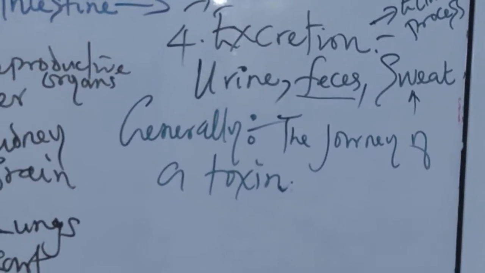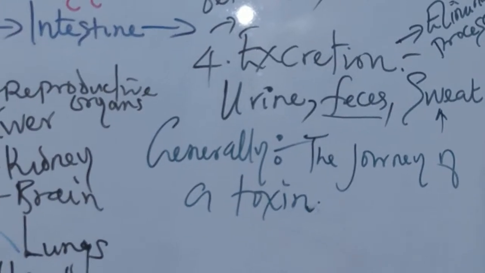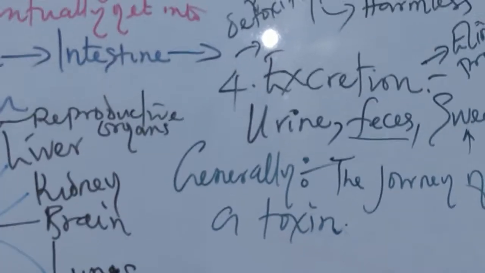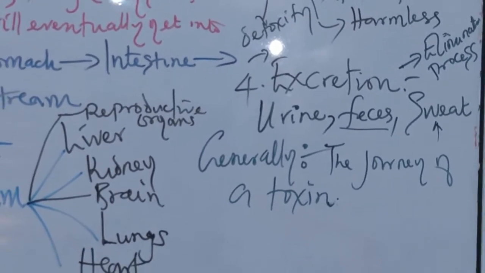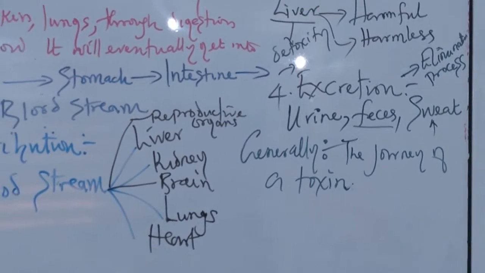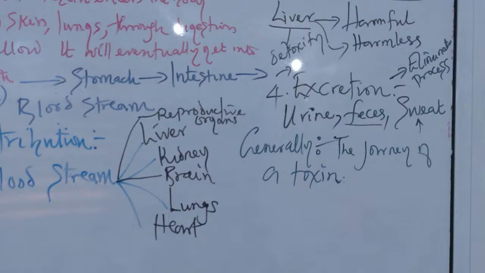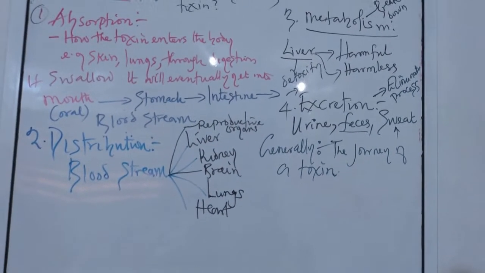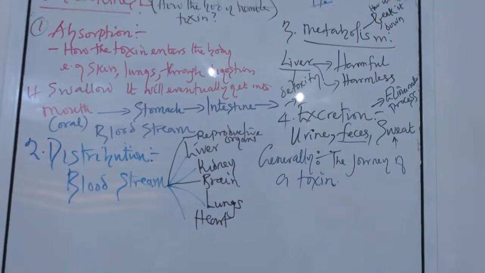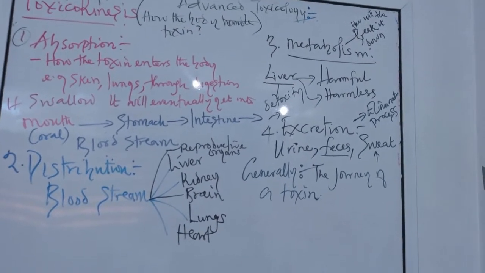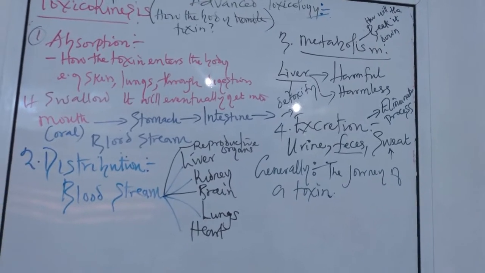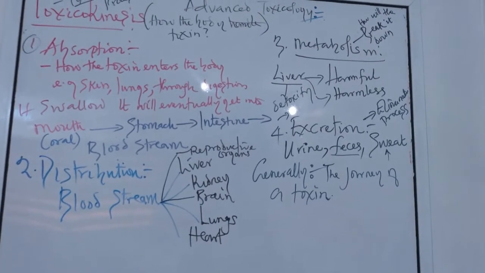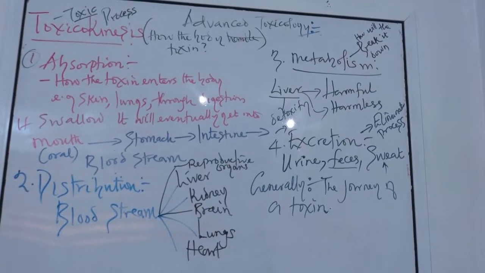If you are talking of toxicokinesis, your interest is to know the journey of a toxin from the starting point down to when it is eliminated. That is the overall journey.